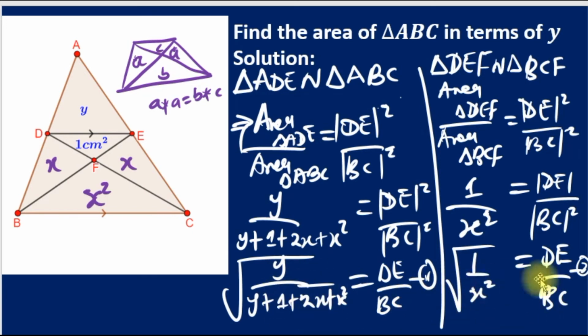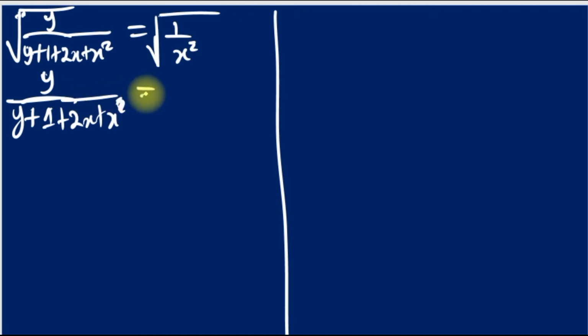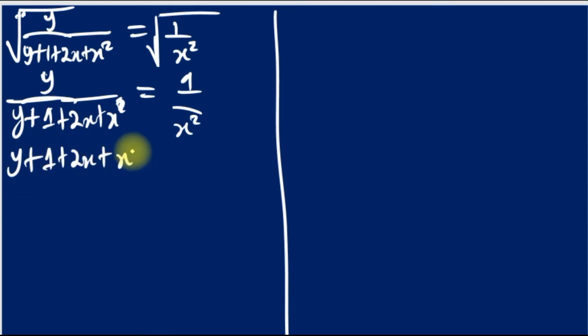So this now equals that. So square root of y over y plus 1 plus 2x plus x squared equals 1 over x squared. We'll cross multiply, so we'll have y plus 1 plus 2x plus x squared equals yx squared.